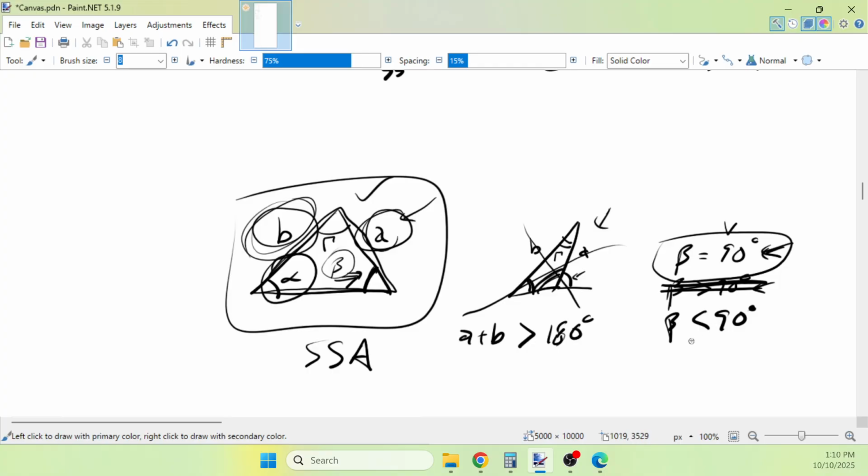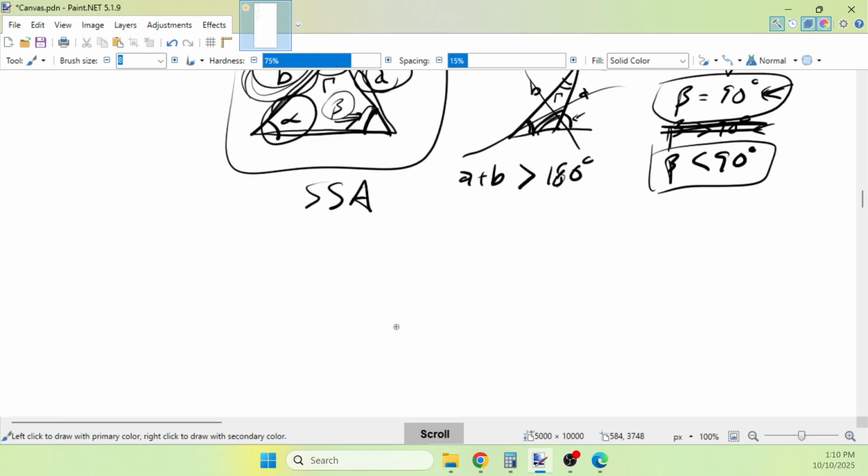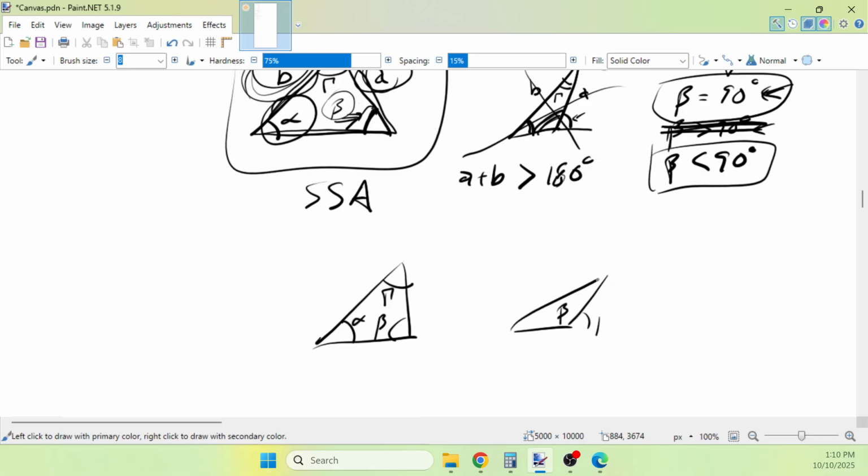If I get less than 90, I have to take those two angles and subtract them from 180. So this is alpha, this is beta. I subtract them from 180, I find gamma. Then try the complement of what I got from the law of sines, and subtract that from 180.